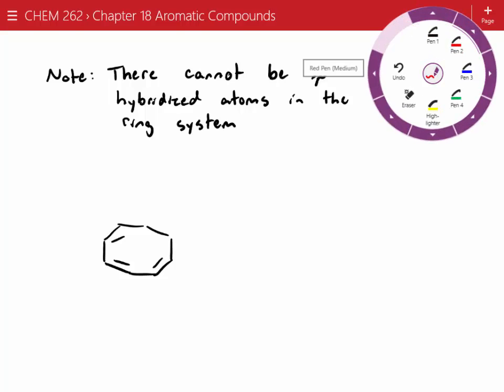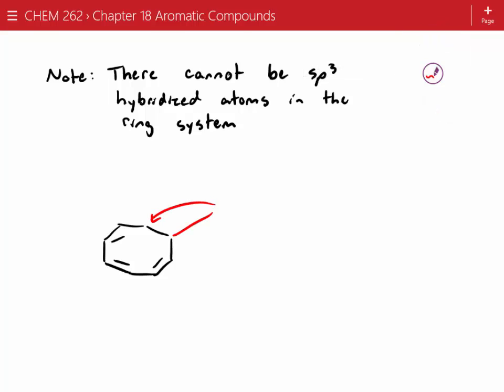So if we look at this one, we've got 2 sp3 hybridized carbons, which means they can't be conjugated, right? We can't do resonance through an sp3 hybridized atom without violating the octet rule. So in this case, these are not conjugated, which means that this is not aromatic.